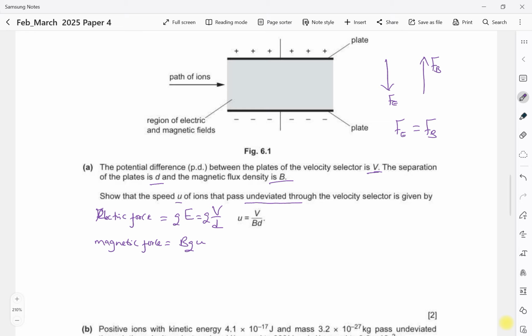We normally use V for speed, but here I'll use U, so it is BQU. So for no deviation, the electric force is equal to the magnetic force.